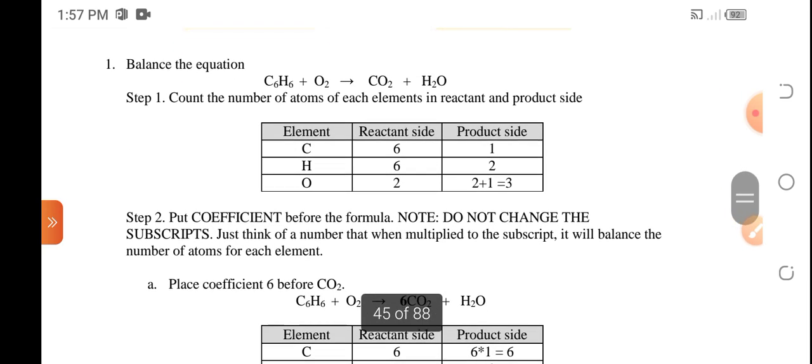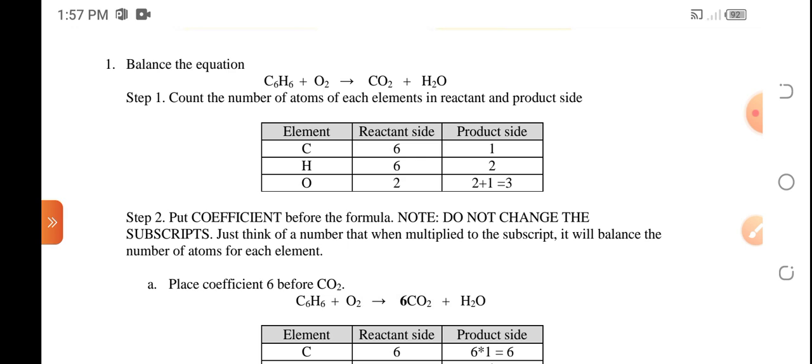Now, for the balancing of chemical equations, there are no exact steps on how you balance it. This is actually a trial and error method wherein you have to get the same number of each element on the reactant side as on the product side. Just manipulate the coefficients, not the subscripts, to balance them.